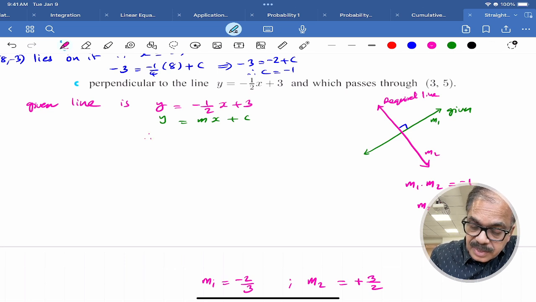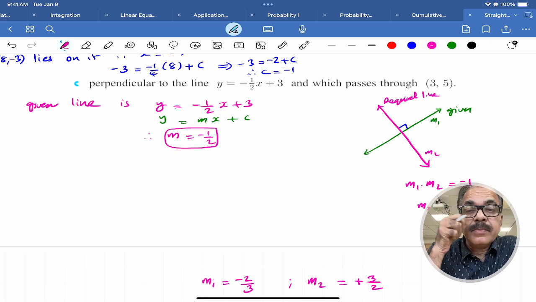Therefore, m is equal to negative 1 by 2.